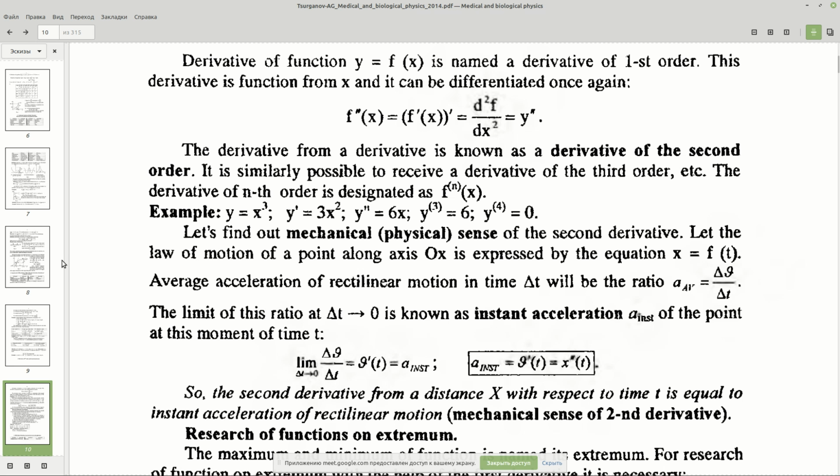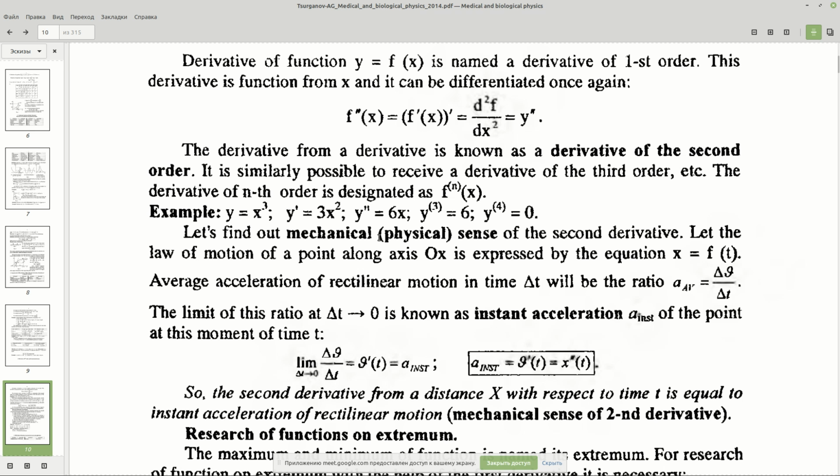The average acceleration of rectilinear motion in the time delta t will be the ratio of delta v divided by delta t.